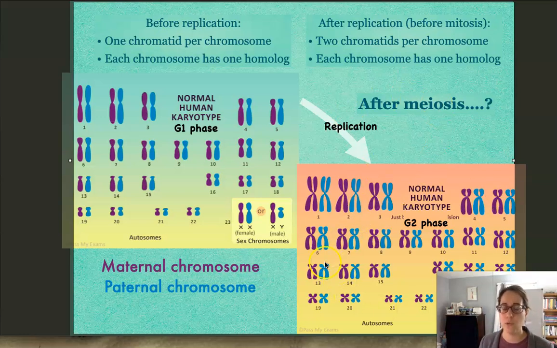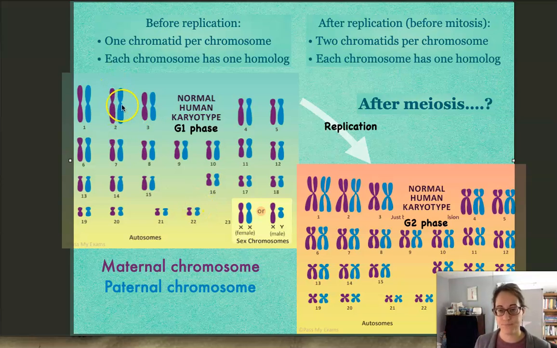So we have twice the amount of DNA. And in this instance, if we were trying to count the number of brown eye variants, or the gene for brown eye variants, we'd actually see 2 in this cell because this chromosome 2, this homolog, has 2 exact copies. Whereas we would only see that brown eye variant once in G1 phase because we only have 1 copy of it here.